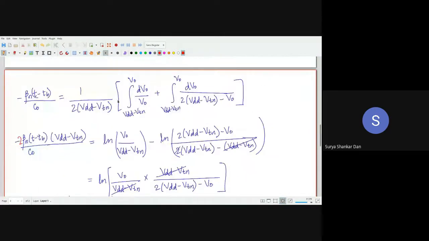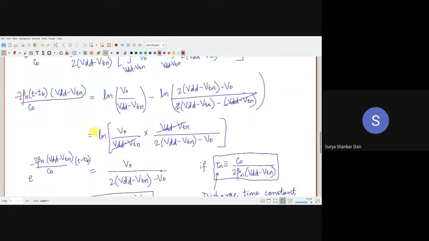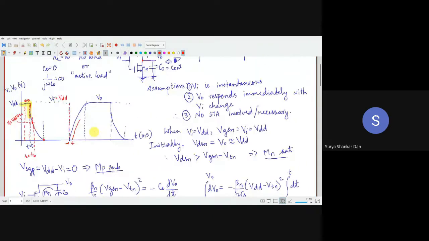But after it goes into the linear, it becomes an exponential. Notice there is T minus TB involved over here. What does it mean? It is just like the origin is shifted from T equal to 0 to T equal to TB. It has to be, because from T equal to TB onwards, it is linear. From 0 to TB, it is saturated. Everyone with me, right? Until now.